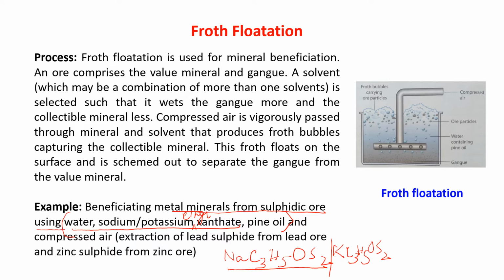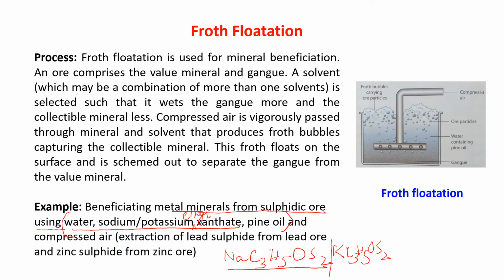That solvent comprises water, sodium or potassium ethyl xanthate and pine oil, which weigh the gangue more than the metal minerals and make the gangue heavy so it settles down. Now, after the gangue settles down, compressed air is passed through the mineral and the solvent, which forms froth and floats on the surface.